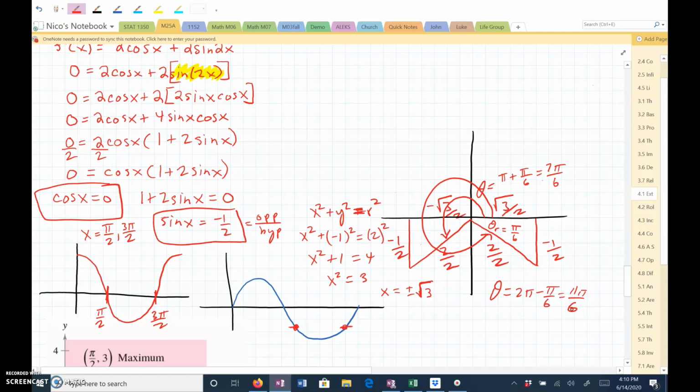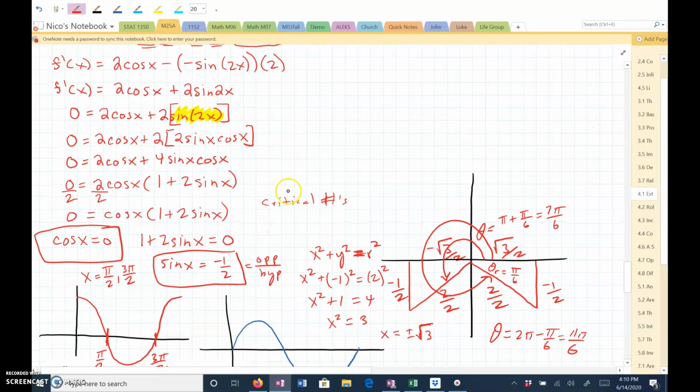Now all of these are critical numbers. So the critical numbers are x equals pi halves, 3 pi over 2, 7 pi over 6, and 11 pi over 6.